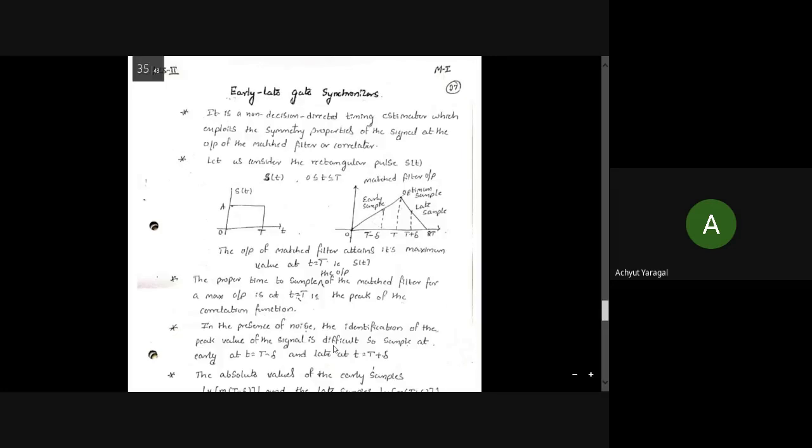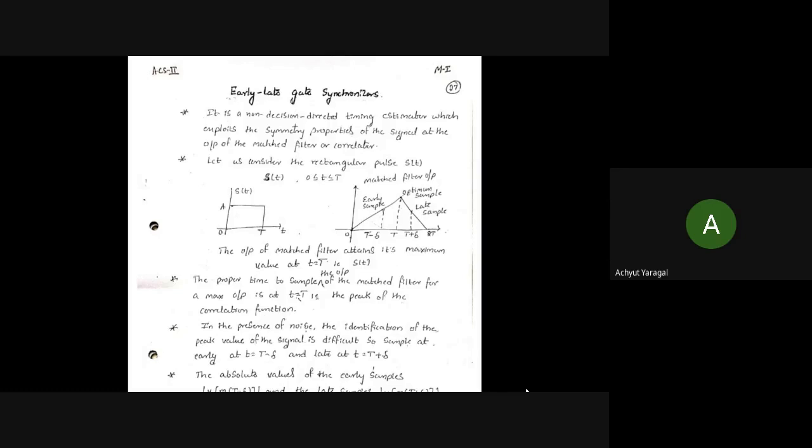So why is this kind of thing adopted here? That's the question that comes into the picture. The reason is that identification of the peak value of the signal is difficult, especially in the presence of noise.